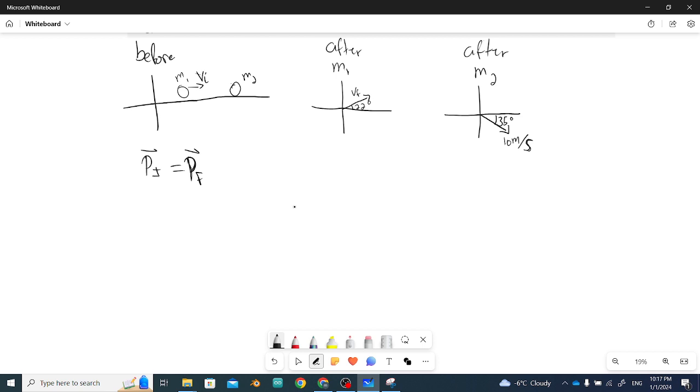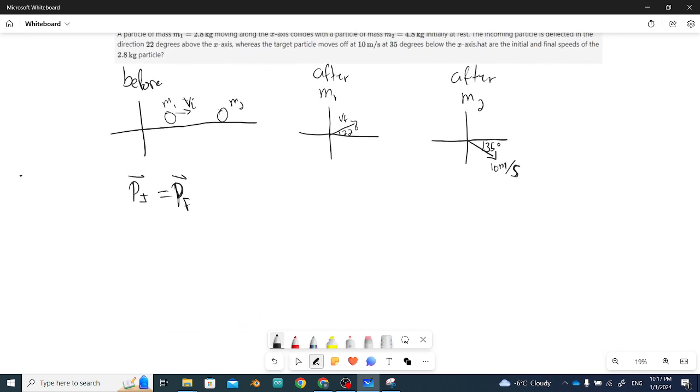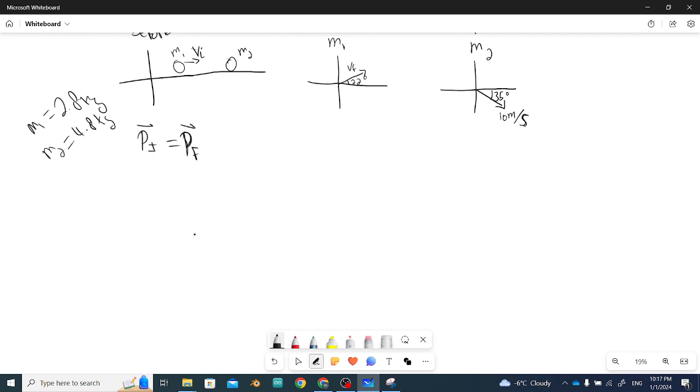So initial momentum, well, m1 is equal to 2.8 kg, and m2 is equal to 4.8 kg. Right? At the beginning, it was just m1 that was moving, so the initial momentum is just 2.8 kilos times the initial velocity, since we don't really know it.